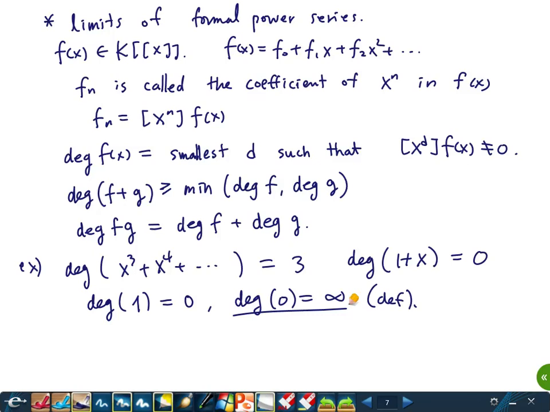All right, so now we have defined coefficient and degree. Now the definition for limit. Definition. So we have a sequence of formal power series.